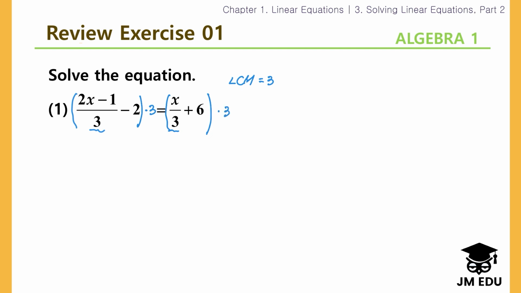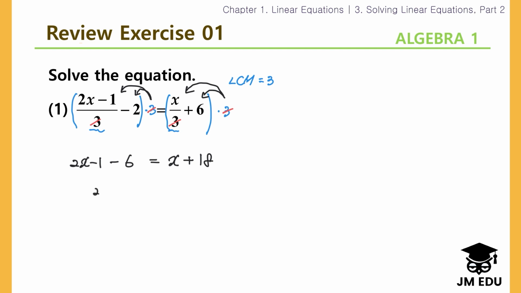So 3 times this expression right here, that's 2x minus 1 because the 3 cancels out, right? 3 times minus 2, that's minus 6. It's equal to 3 times x over 3. This one cancels out, so 1 times x, that's just x, plus 3 times 6, that's plus 18.